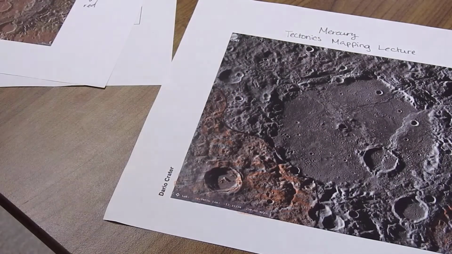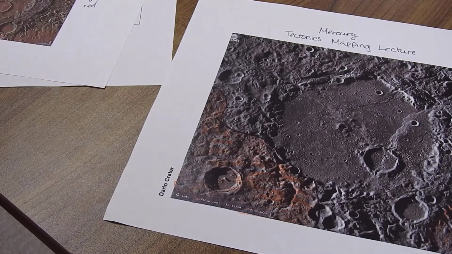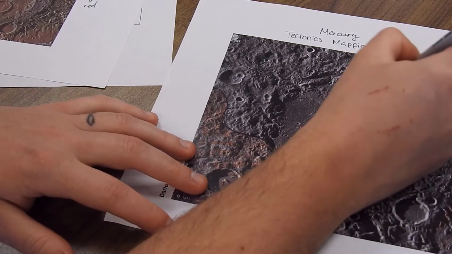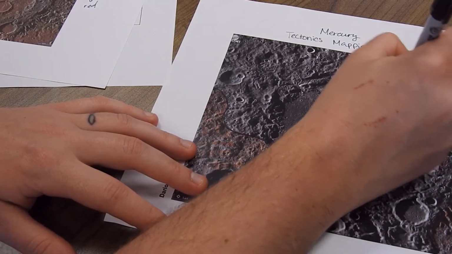Right, now I've got this kind of rough outer surface that's outside of the impact crater.